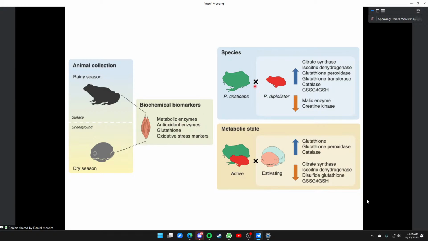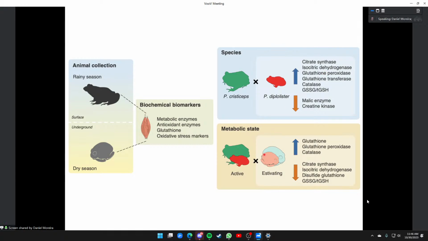And what we found comparing species during only the rainy season, comparing control animals, we found that Sclerodema diplodistris has higher citrate synthase activity, isocitric dehydrogenase, antioxidant enzymes, and a more oxidized state. So this is the species that's more active, consumes more oxygen, and awakes very rapidly when disturbed, or when it starts to rain, it's the first species that arise on the surface.